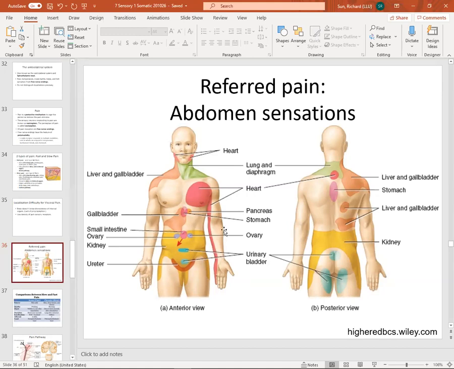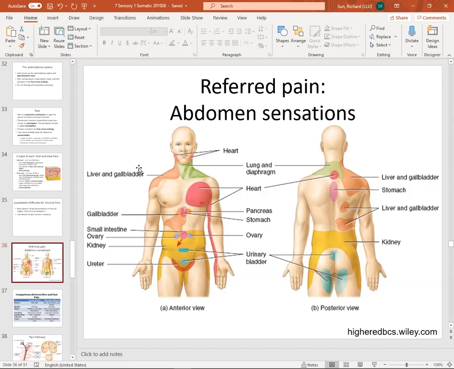Instead, we feel it as if it is in the skin. So we may feel heart pain, for example, here in the chest. Sometimes we call heart pain chest pain. So we have this referred feeling of pain, which in fact originated from an internal organ, and we feel it in the skin.